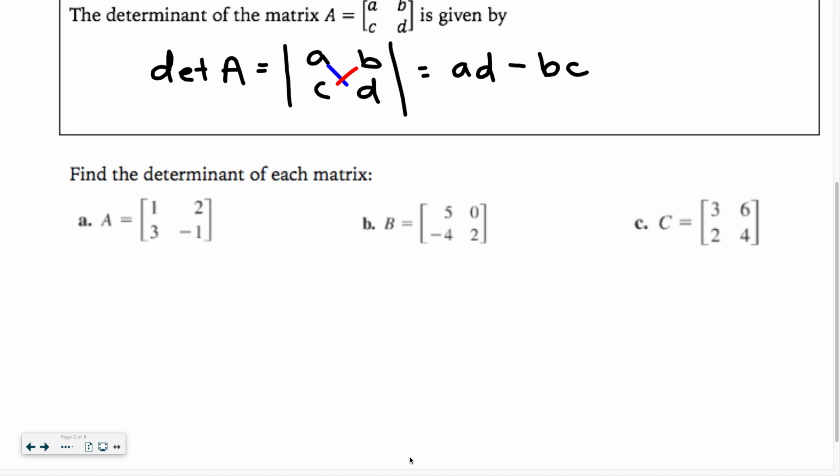You're doing this by hand. You should be able to do it by hand. It's simple. Diagonal, subtract.